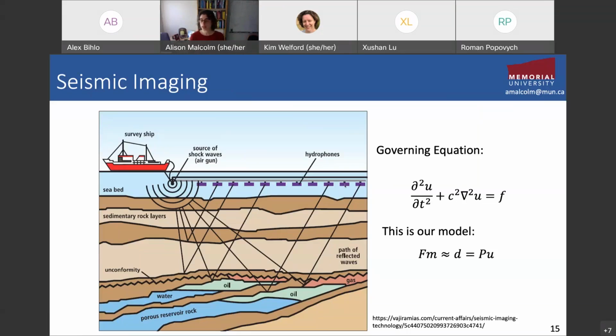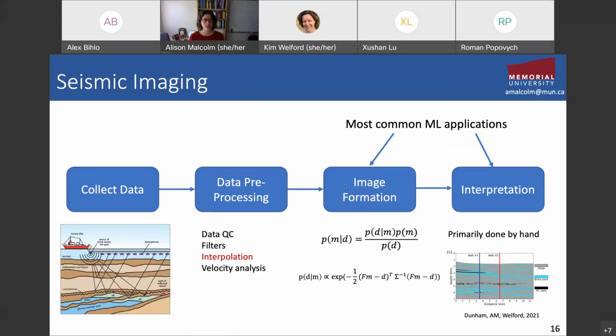Okay, so that's a little bit about how the seismic problem works. And now we set this up, as we saw in many different ways, but one way we can do this is to set this up as the inverse problem that I've been talking about earlier in the presentation. But that's only part of the process.